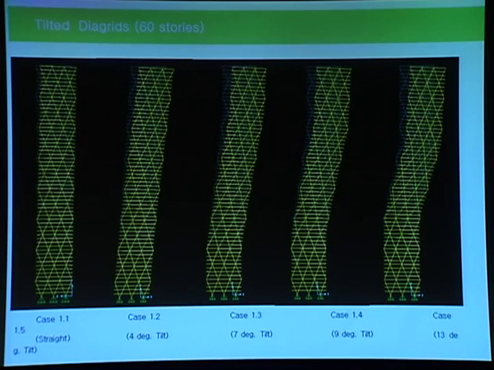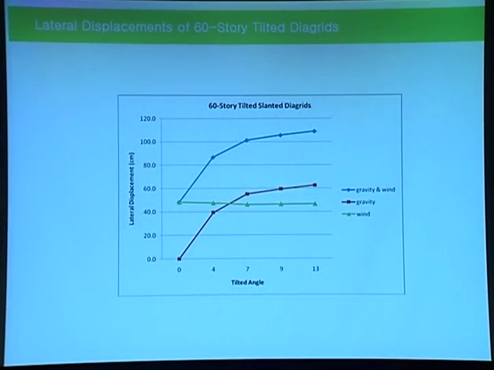And then case 1.3, 1.4, and case 1.5 is similar to Zaha's Signature Tower case. And this is just a quick basic study result in terms of how lateral stiffness changes and how the maximum lateral displacement changes depending on the rate of the tilting.